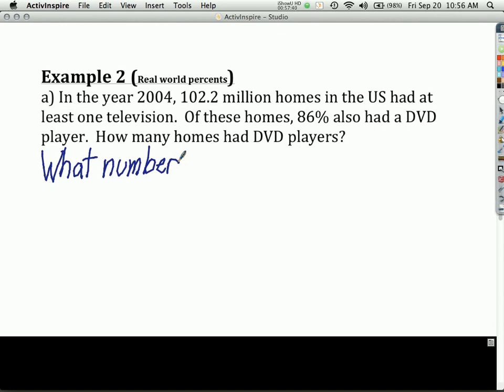Edgar? Is? What number is? What comes next? Kayla? 86%. That is right. What number is 86%? What comes next? Of.